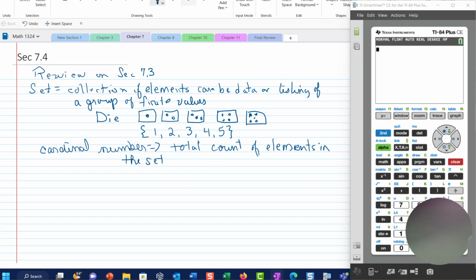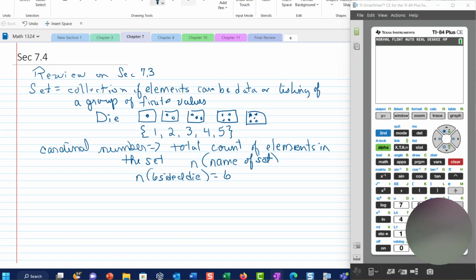And we do that by putting a lowercase n on the name of the set. It tells us we want the number. So if I wanted the cardinal number for a 6-sided die, we would have the number 6. All right. Well, then we can see that the cardinal number can be utilized in collections of these elements.